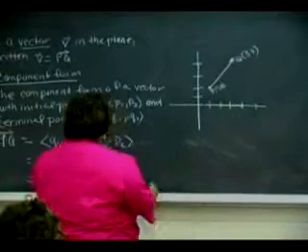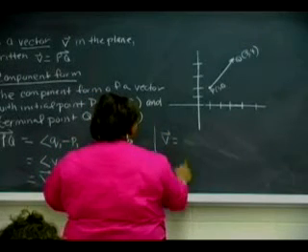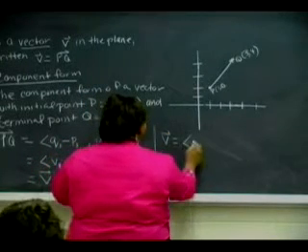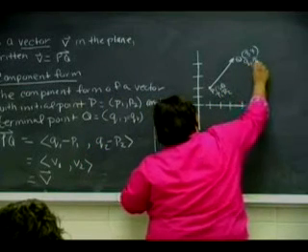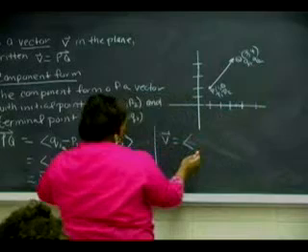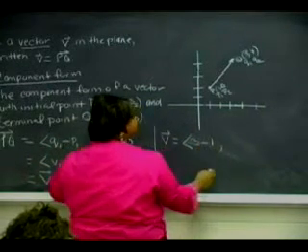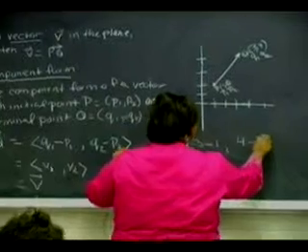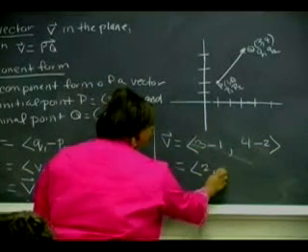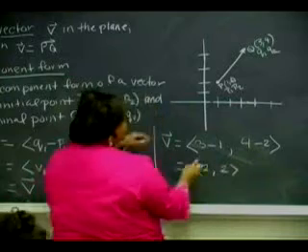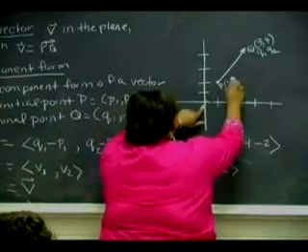So, if I find my vector V, then what I need to do is, this is my P1, P2, Q1, Q2. So I do Q1 minus P1 and Q2 minus P2. So my component form of my vector is 2, 2. So what that means now is that my P has moved here, and now I'm at the point 2, 2.